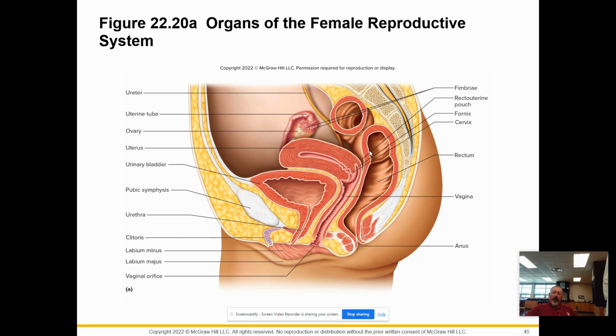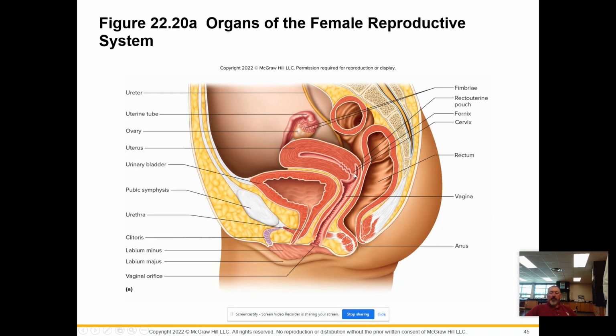All right, so if we move further into this area, we're going to get the cervix, which is the opening that's here. If you move a little bit lateral, you're going to have the fornix. The whole structure here is the uterus. And you can see where the uterus is located. It's essentially sitting right on top of the urinary bladder. When there's a child there, it causes this to decrease in volume. We'll talk about that much later.